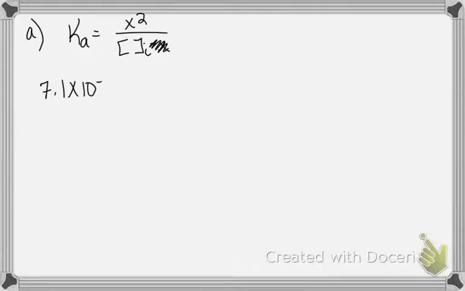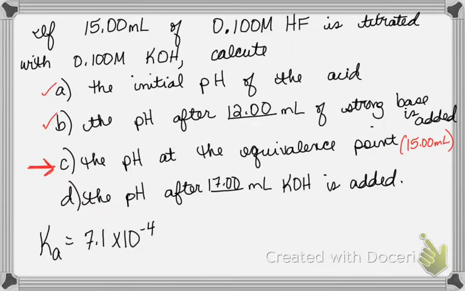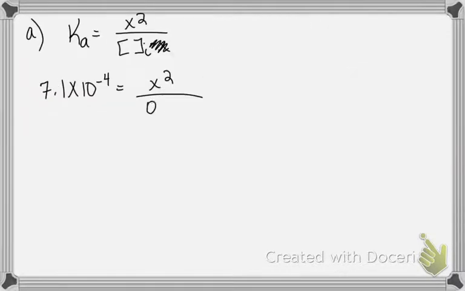Pause and think if you need to, but hopefully you guys will remember that the Ka is equal to x squared divided by the initial concentration of the acid minus x, that x is really small. So I'm going to say 7.1 times 10 to the minus 4 is equal to x squared divided by 0.100.